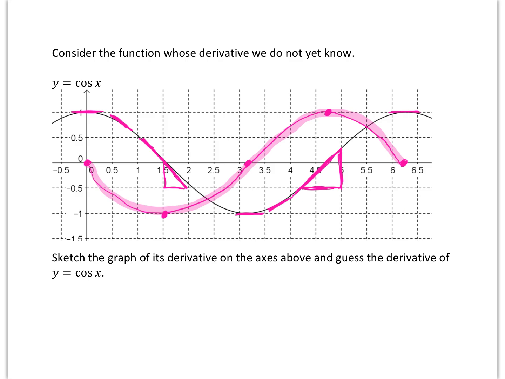It's not sine because sine does have zeros at 0, pi, and 2 pi, but it goes up and then down. So this is the reverse of that. This is the graph of the sine, but flipped over the x-axis. So it looks like, according to my picture, that the derivative of cosine is the sine function, but flipped over the x-axis, so we put a negative in front of it.